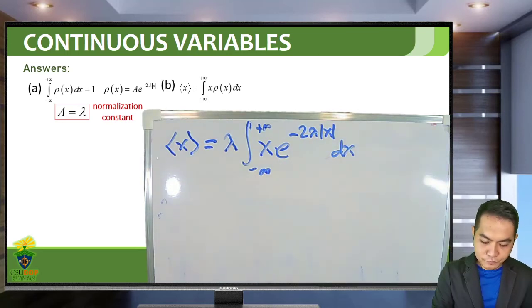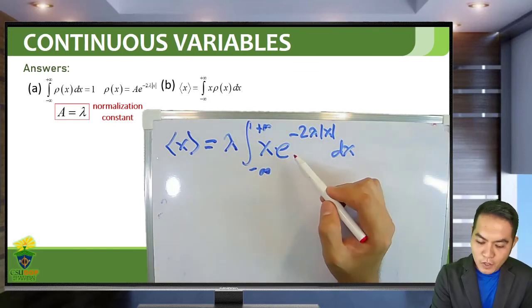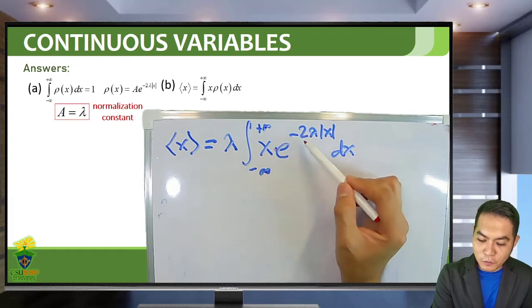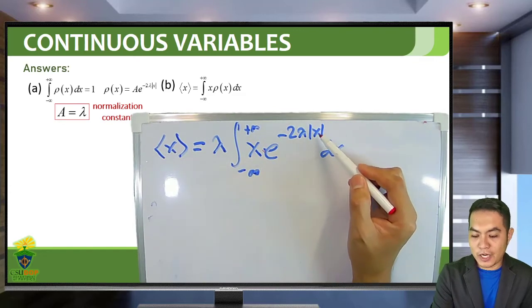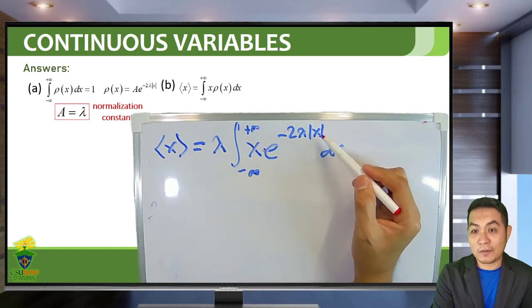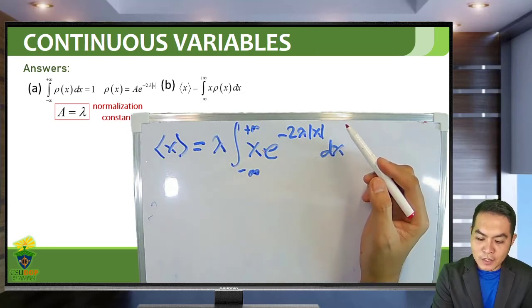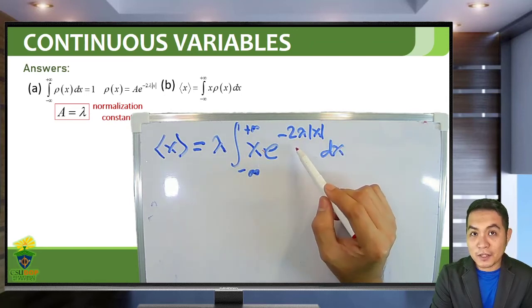Again, let's check. We have an even limit. Let's check our integrand. x is an odd function. e to the negative 2 lambda absolute value of x is an even function, because if you replace x by negative x, due to the absolute value sign, it's still positive x. So what happens when you multiply an odd function and an even function?